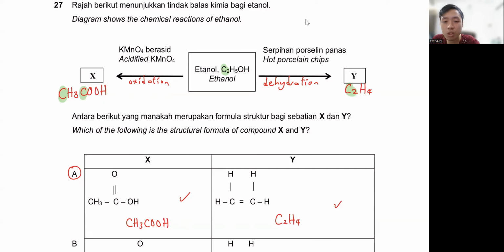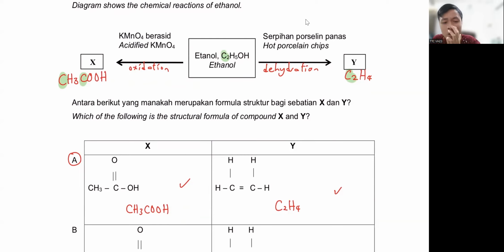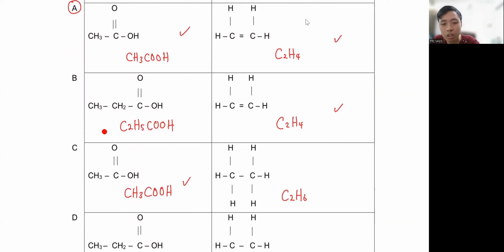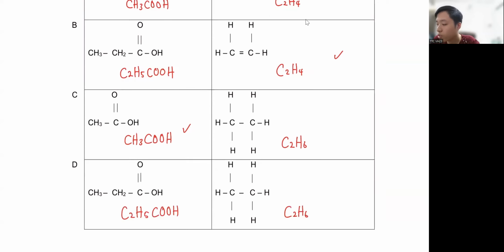So there are only two C everywhere. So actually it's A. So alcohol becomes alkene. This one is wrong because you have 3C already. This also is wrong because alcohol becomes alkene, not alkane.